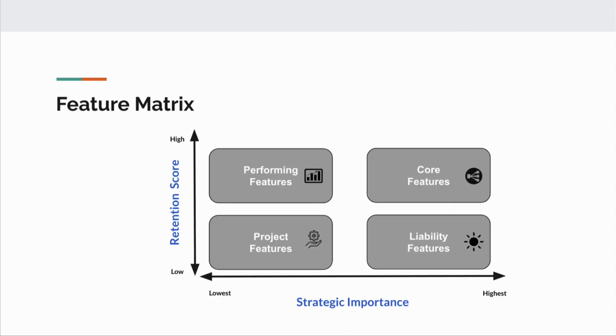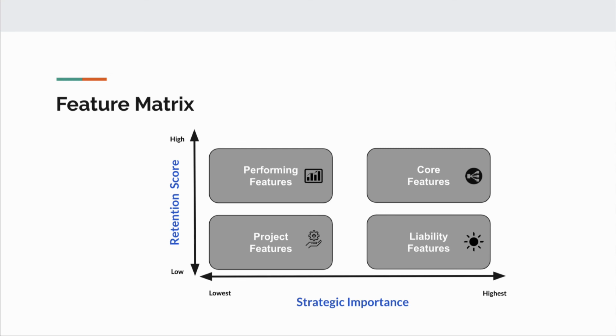And also the feature metrics can help us to calculate it. And here you can see the retention score from low to high and the strategic importance from low to high. So here, our focus must be on the core features, whose performance must be high and strategic importance must be high. Those are our core features, our first priority, with high retention score and high strategic importance.